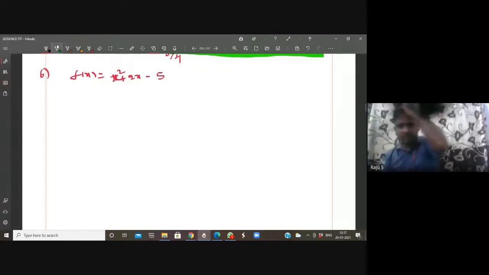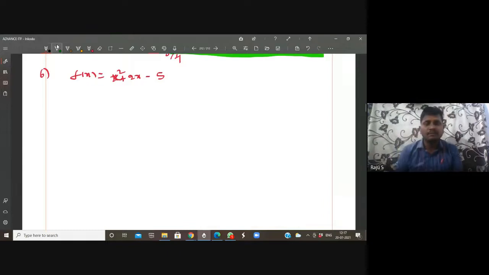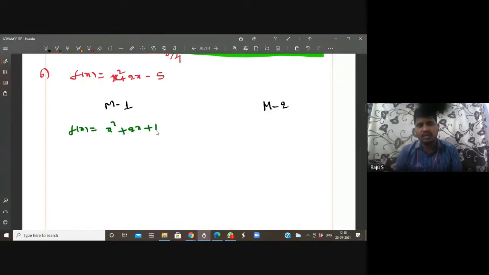What shall we do here? Method 1 is to make it into completing square form. f of x is equal to x square plus 2x plus 1 minus 6, which can be written as x plus 1 the whole square minus 6.